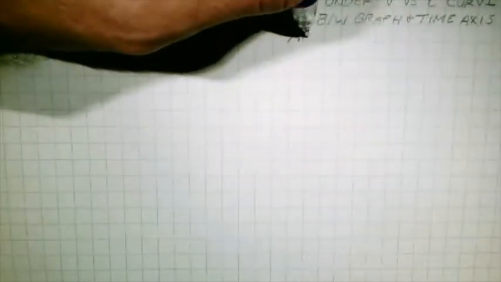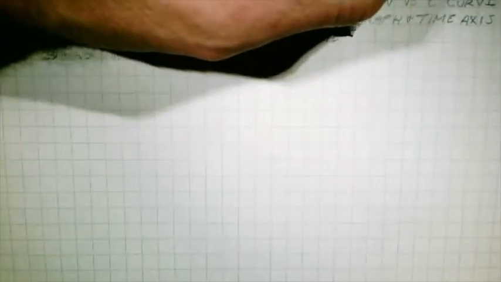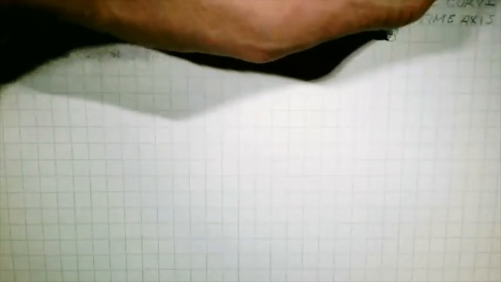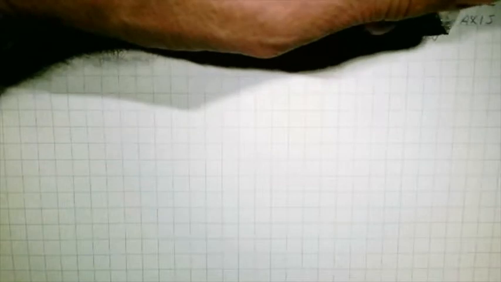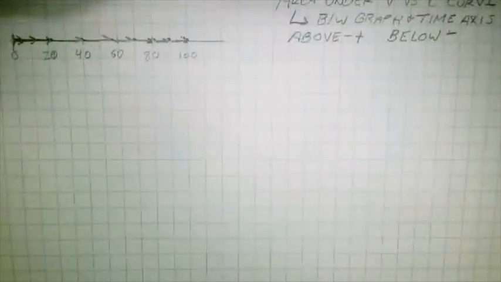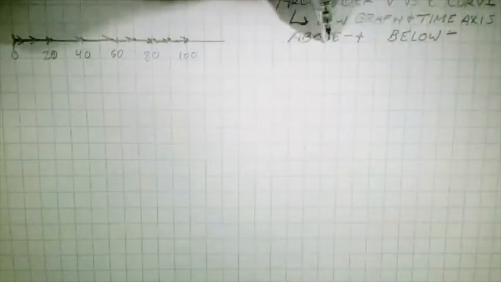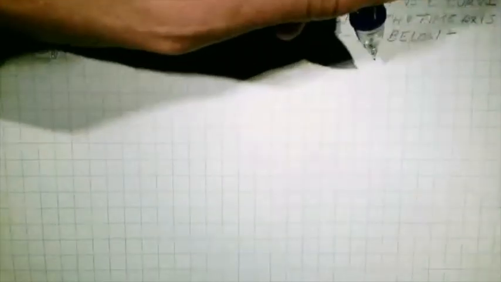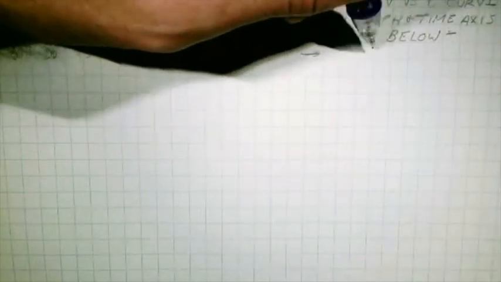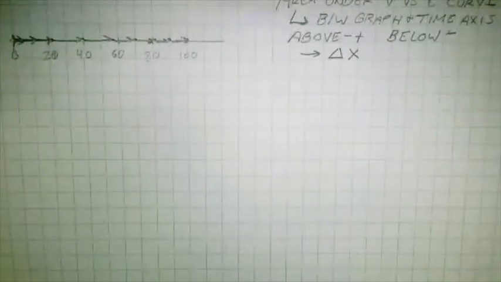And then we count any area above the time axis as positive, below as negative. So we use the area of the velocity versus time curve, the area between the graph and the time axis, counting above as positive and below as negative, to determine displacement, delta x.